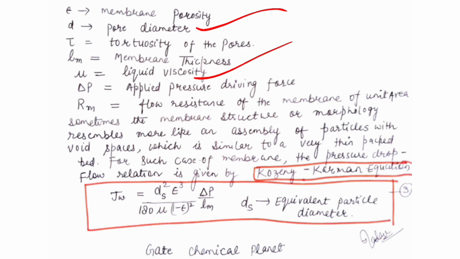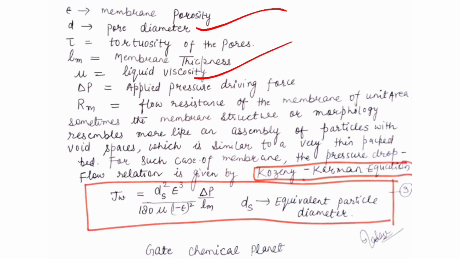Sometimes the membrane structure or morphology resembles an assembly of particles with void spaces, similar to a very thin packed bed. For such membranes, the pressure drop flow relation is given by the Kozeny-Carman equation.